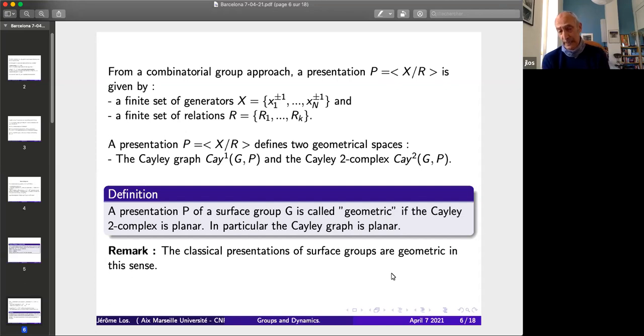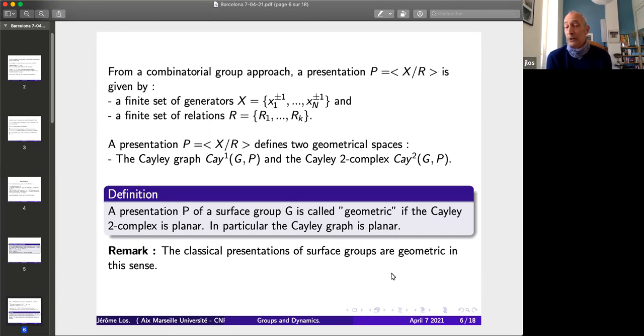And what are the 2-cells? If you have a relation in your group, that means that in your Cayley graph you have a loop, because the relation tells you that when you follow a path in your Cayley graph, you go back from the identity to the identity, or from any vertex to the same vertex, following your relation. So each time you see a relation as a loop, you glue a 2-cell, a disk.